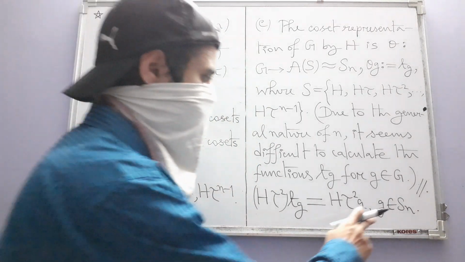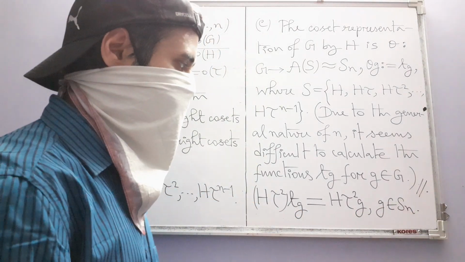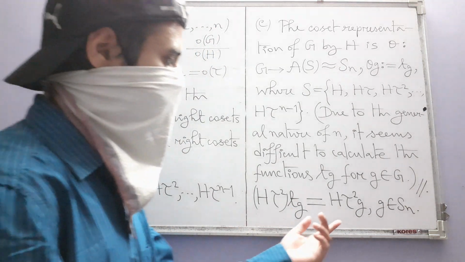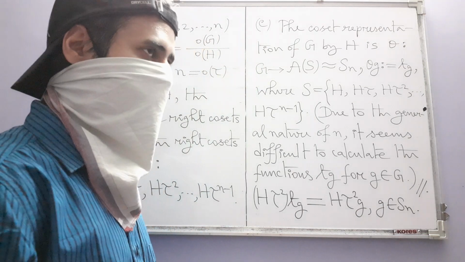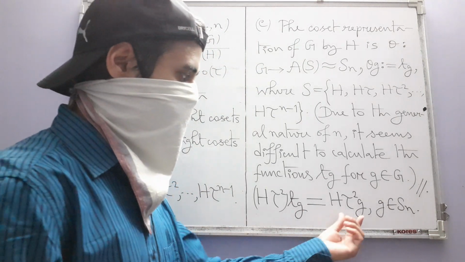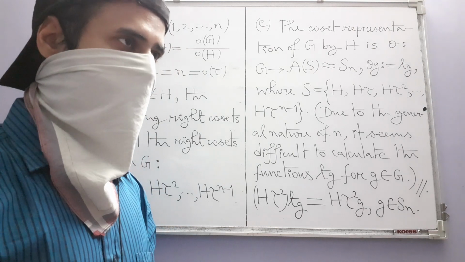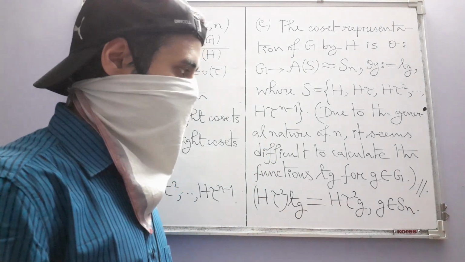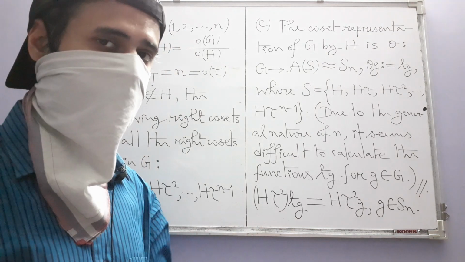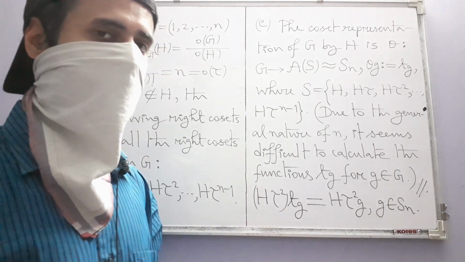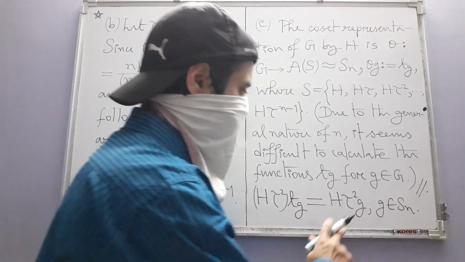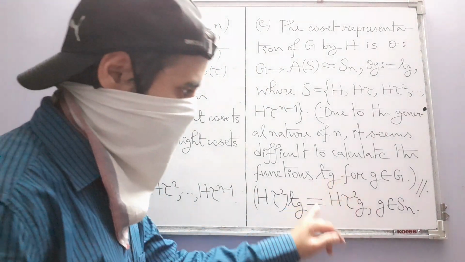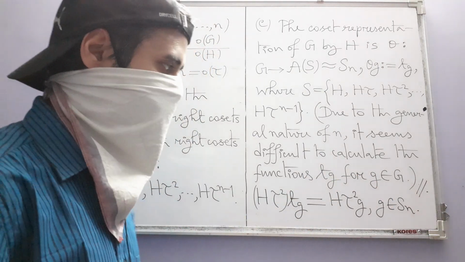Say your n is 5, the permutation g may be the identity permutation, it may be a 2 cycle, a product of 2 disjoint 2 cycles, a 3 cycle, a 4 cycle, a 5 cycle, who knows what it ultimately will be. And depending on all those things, you have to know what this right coset is.